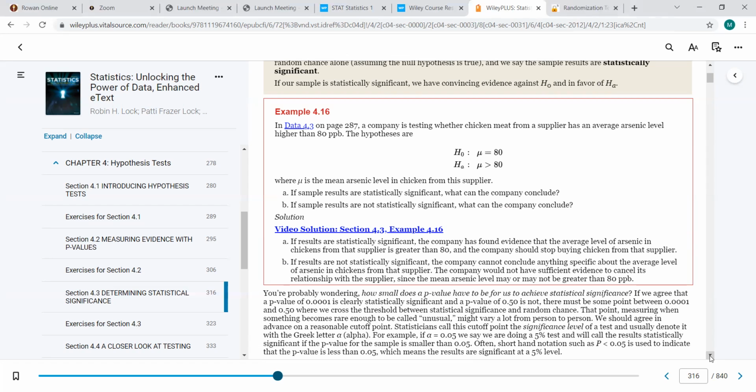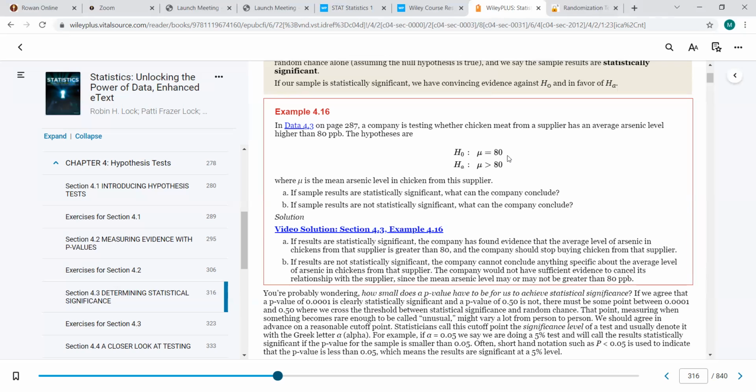Now, there's going to be normal variation if the true arsenic level is 80 or less. There are going to be some samples greater than 80 and some less than 80. But what we're looking for is a supplier where it's significantly more than 80, where there's a really small chance we would see a sample with that much arsenic if the population level were 80 or below. So we have to do a statistical test.